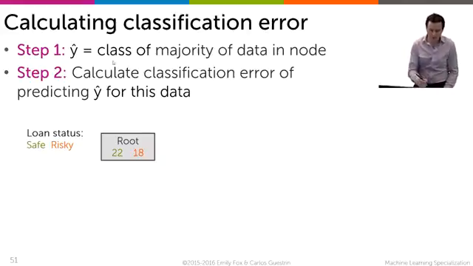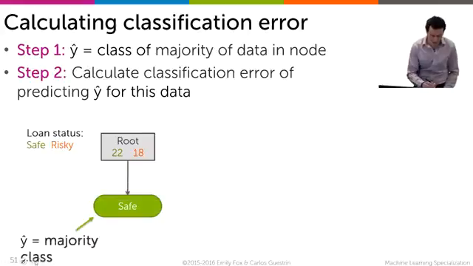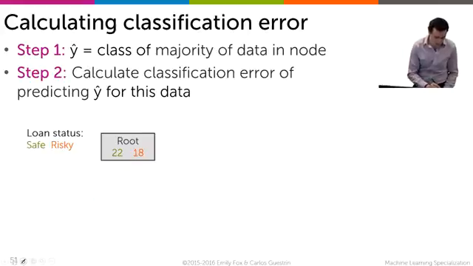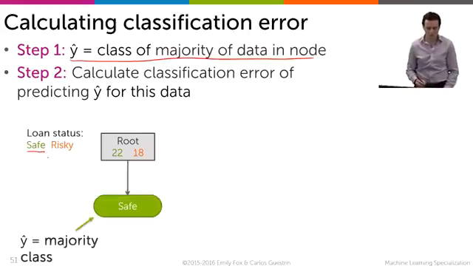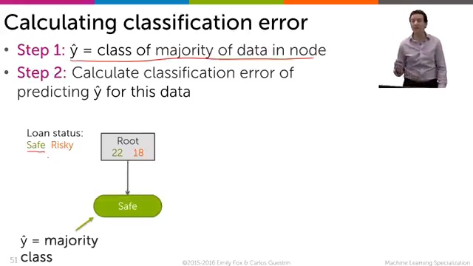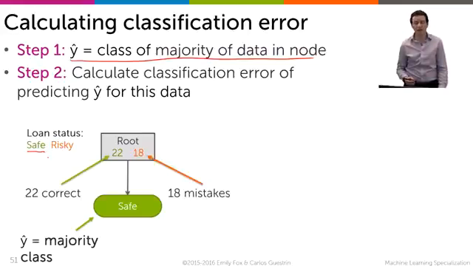So as a reminder, we're going to predict y hat to be the majority class associated with a particular node. So in our case here, the class that has most values for the root is going to be the safe class. And we're going to compute the classification error of making that prediction. So here, what is classification error? We're just saying that all the data points are safe. So we can go ahead and say that there are 22 correct things, 22 were safe, and 18 mistakes.